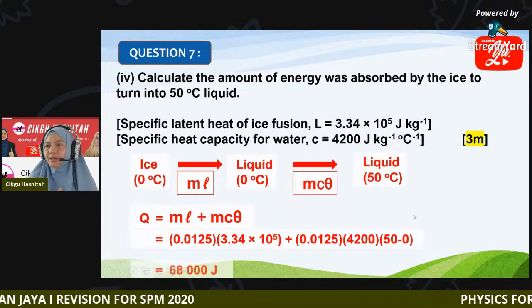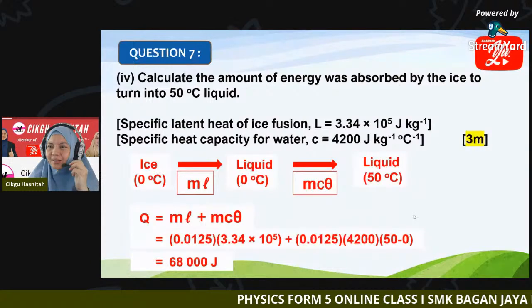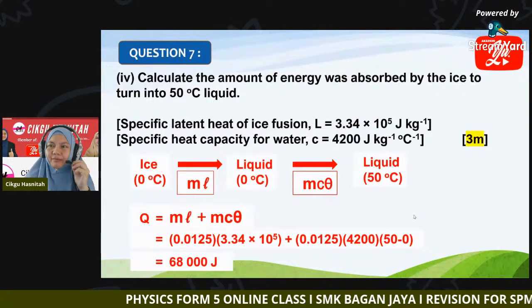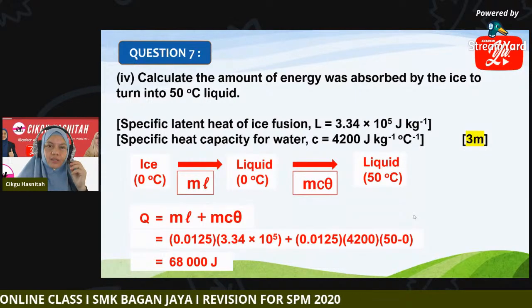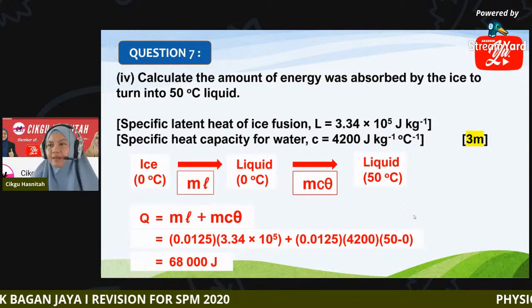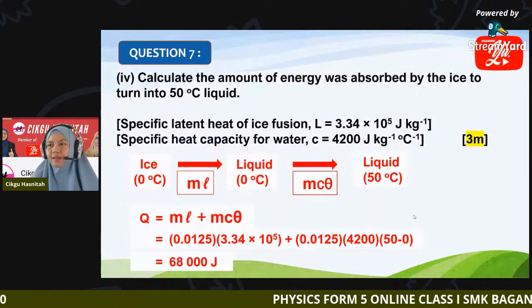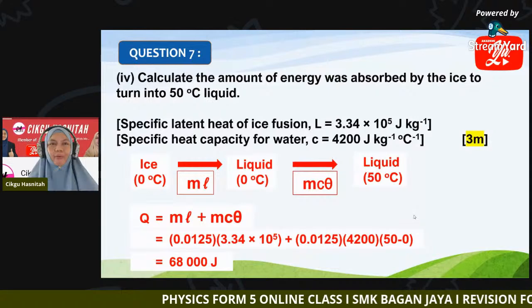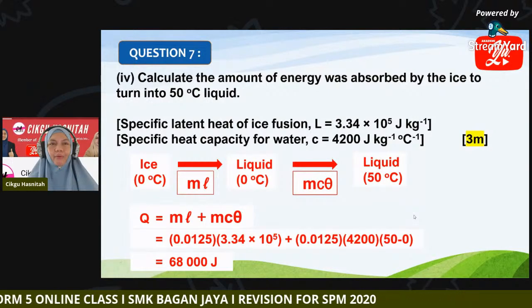So let's check your answer, Wei Liang. Okay, so the correct value is 68,000 joule of heat energy. Anyone come up with this answer? Anyone get the same answer as me here? 68,000 joule.